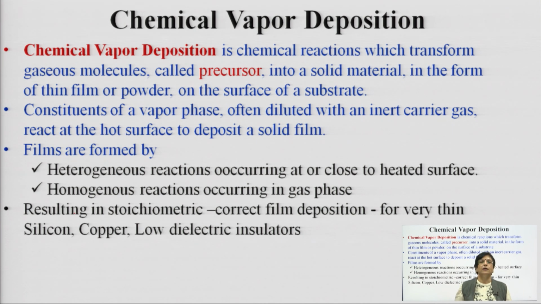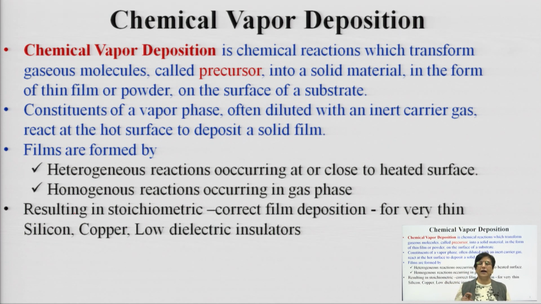Here, it is a technique where a chemical reaction transforms the gaseous molecules, called precursors, into solid material in the form of a thin film or powder onto the wafer surface. The constituents of the vapor phase are often diluted with an inert carrier gas, and this gas reacts on the host surface, and the result is the deposition of the thin film onto the wafer surface.